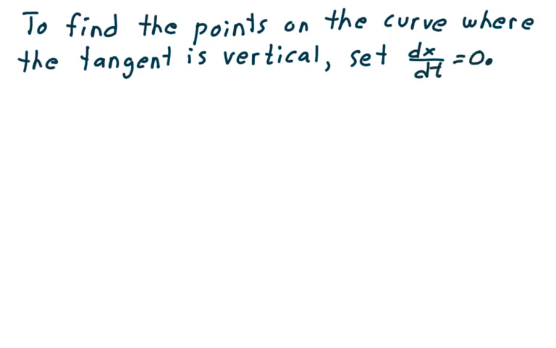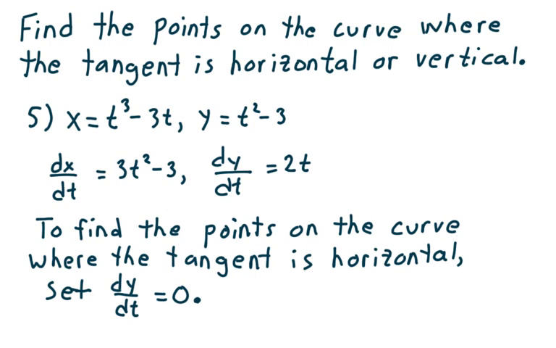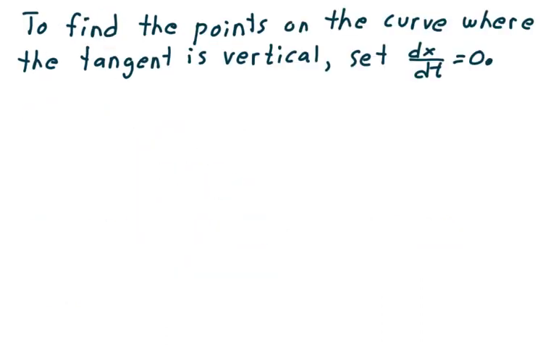Okay, so if we go back, dx/dt is 3t squared minus 3. Okay, so therefore, 3t squared minus 3 is equal to 0. So that tells me t squared is 1. So t is plus or minus 1.